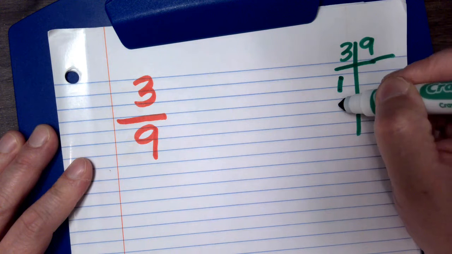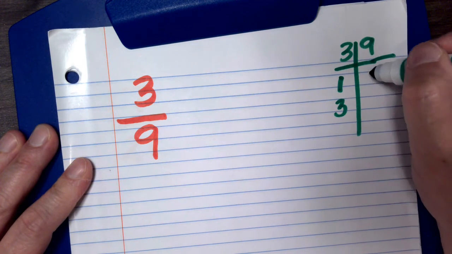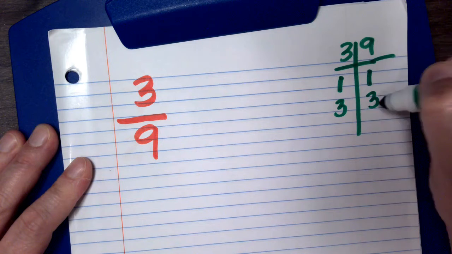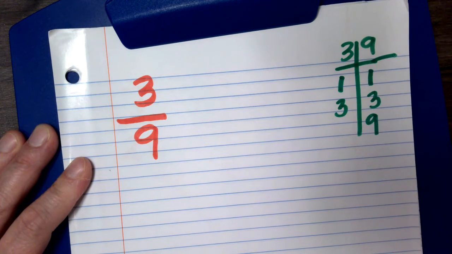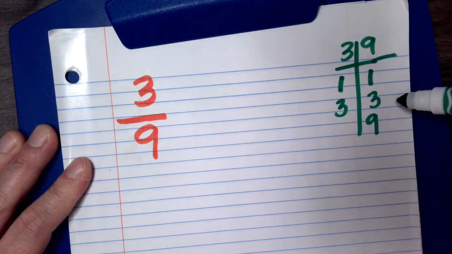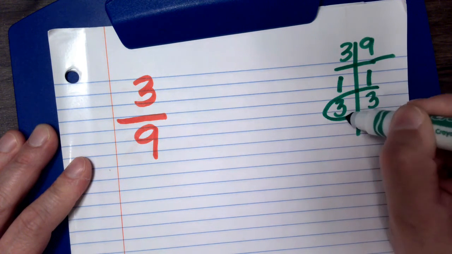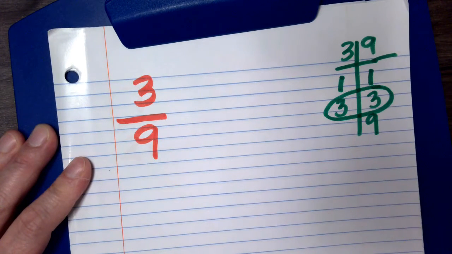So it only has 1 and 3. And 9 doesn't have too many factors. It has 1, 3, and 9. The only ways to make 9 by multiplying are 1 times 9 or 3 times 3. It's not necessary to put 3 twice because I already have it once. And so my greatest common factor here is 3.